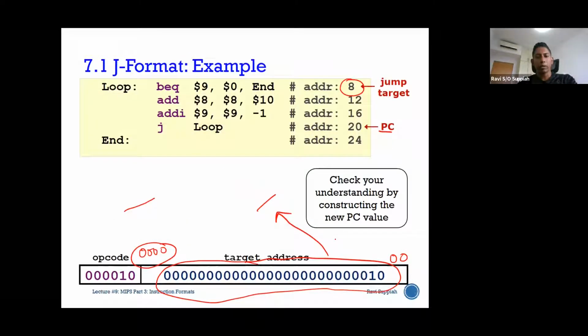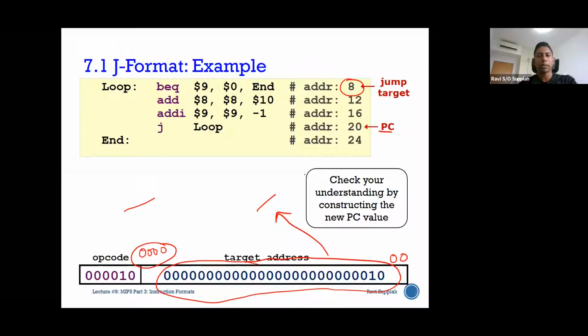So this is the final address that I will jump to. Now of course, we can also work backwards, by looking at the instruction that I would generate if I were to execute a jump instruction. Let's look at this example.